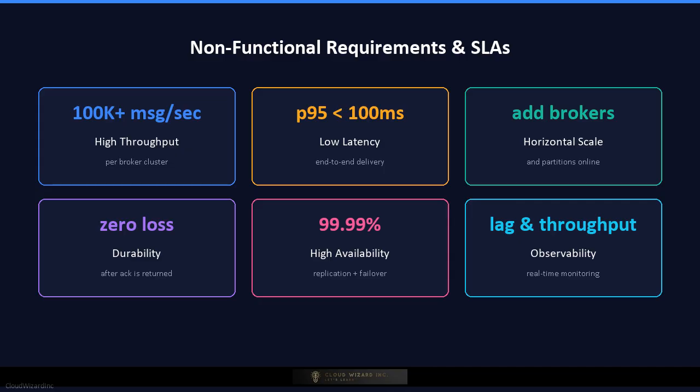High availability and fault tolerance require replication, leader election, and automatic failover. The system must remain consistent with respect to ordering and offset semantics. Operational observability is essential because consumer lag, partition skew, and broker failures are common production issues. And security matters: access control, encryption in transit and at rest, and authentication of producers and consumers.